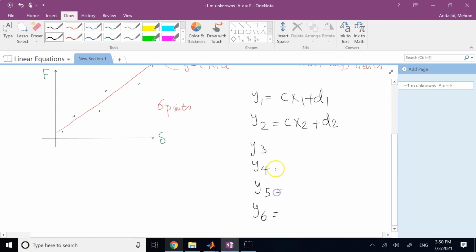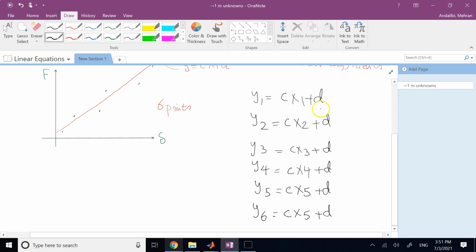So it is not going to be possible to pass the line through all of these points. And what you will do is, at best, try to minimize the distance between this line and the points. Okay? So you have this.